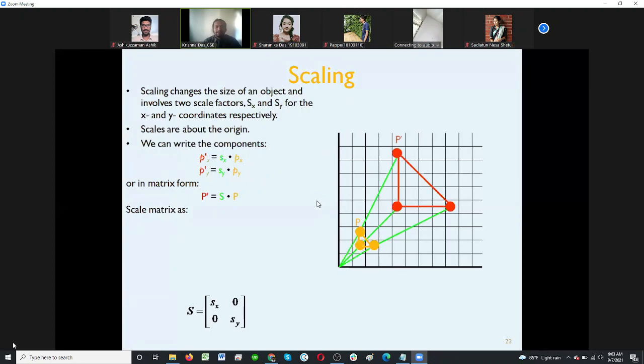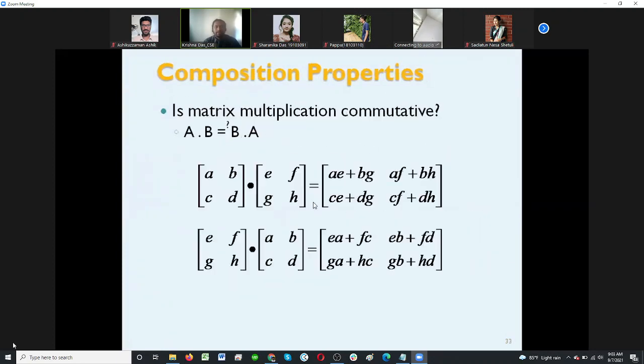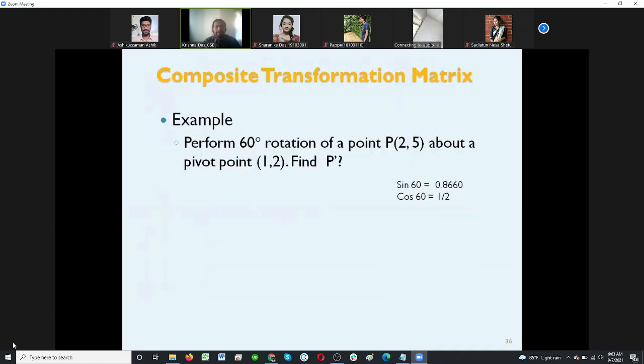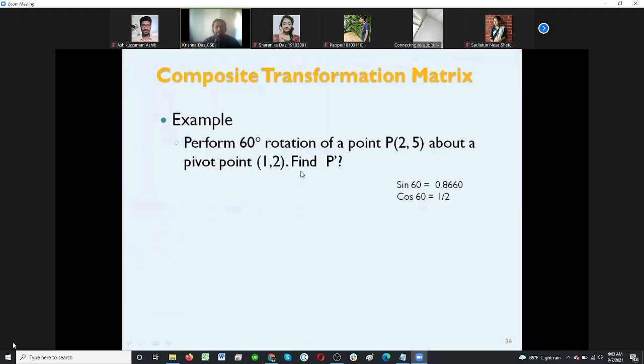Now it is saying no, I am not going to do it about the origin. I want it to be done about a specific different point, a general point. That gives you the general pivot point rotation, so it is a random point in the space. Now it's very easy because this is my theta.